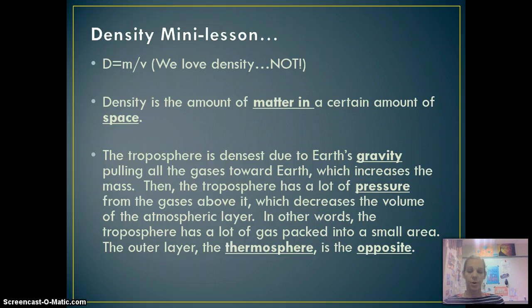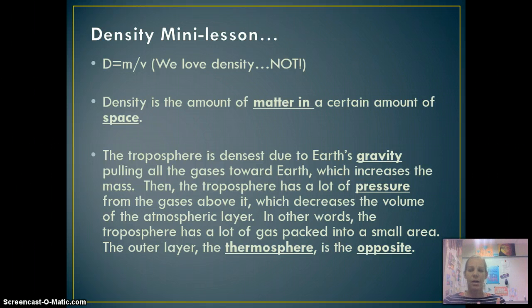I'm sure you've heard of the nitrogen cycle, the carbon cycle, and then we've got the water cycle, which when that water turns into water vapor, that's a gas. So we've got lots of gases that go through cycles, and a lot of that happens within the troposphere layer. And so we have a ton of particles in the troposphere. As you go up, the particles in each layer get less and less and less. So as far as mass goes, it has a lot of mass or matter.